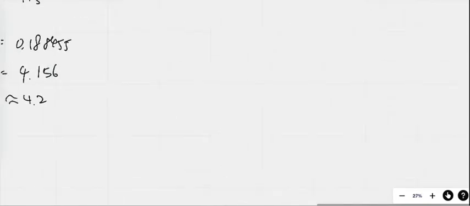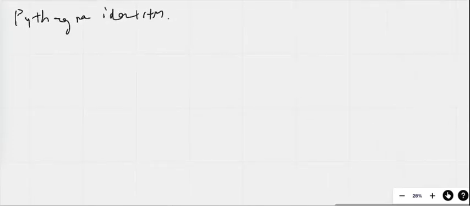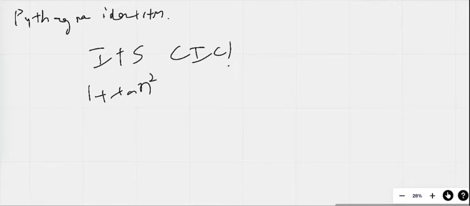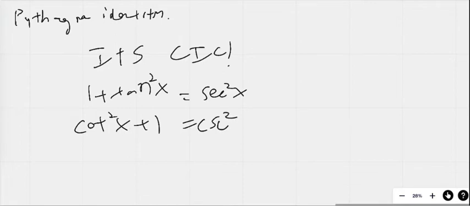So in conclusion, let's do a recap. The first one we learned was the Pythagorean identities. To remember this, you can use my acronym, which is SIG. 1 plus tangent square x is equal to secant square x, and cotangent square x plus 1 is equal to cosecant square x.